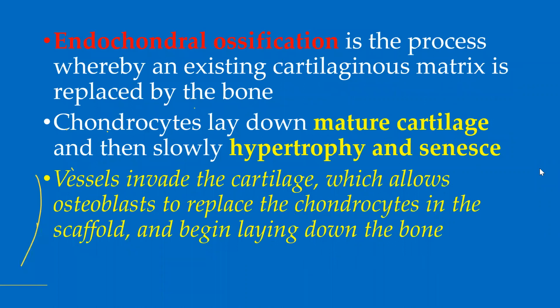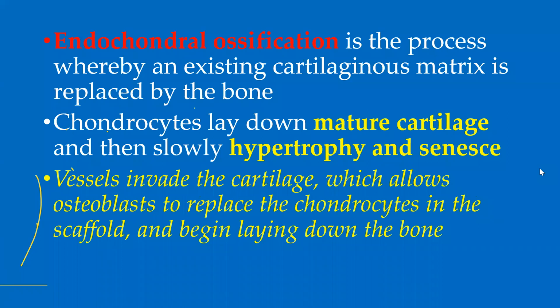So endochondral ossification is the process whereby an existing cartilaginous matrix is replaced by bone. Chondrocytes lay down mature cartilage and then slowly hypertrophy, and they senesce. What I mean by senesce is they age and they're destroyed.